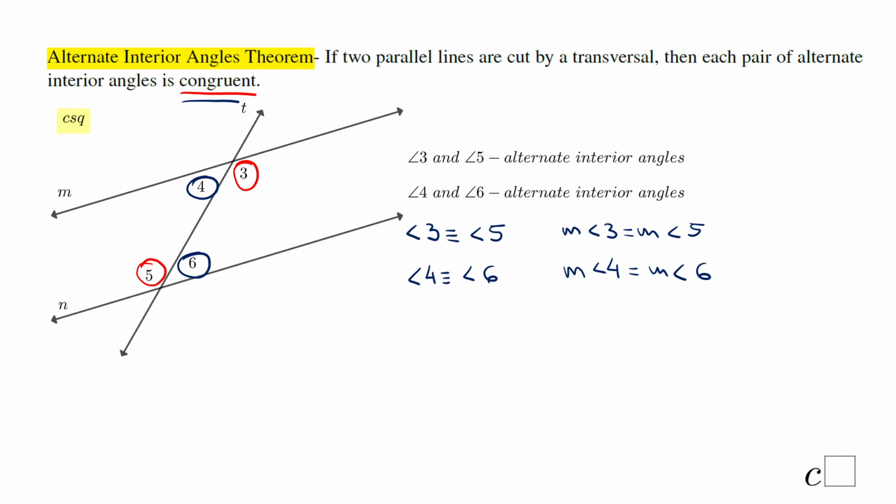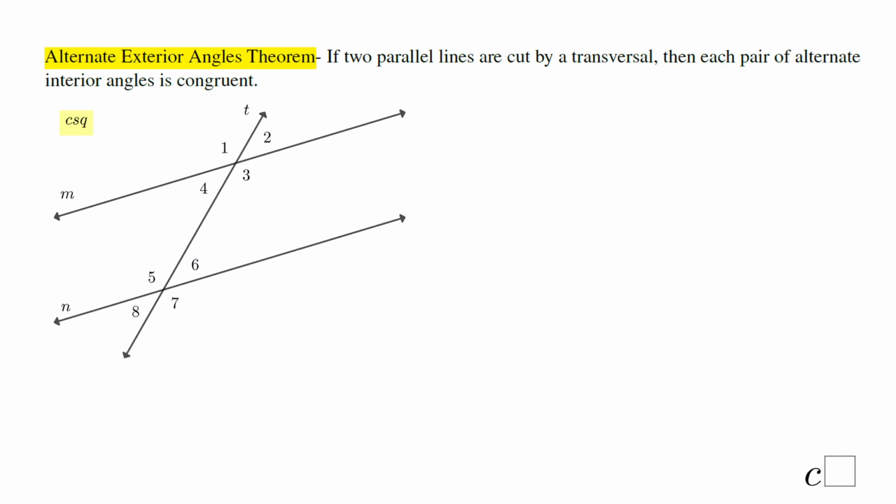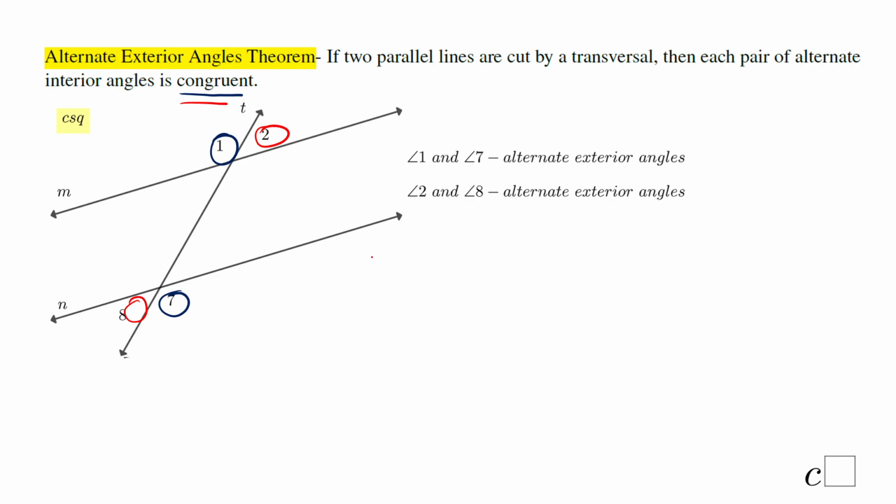Of course, this picture helps us to identify the property because the pictures are pretty accurate. Alternate exterior angle. If you remember, we had something like that. Which one are those? 1 and 7. Do you notice both obtuse? Oh, that means they are congruent. What about the other pair? 2 and 8. Both acute. Oh, again, they are congruent. I'm going to write here.